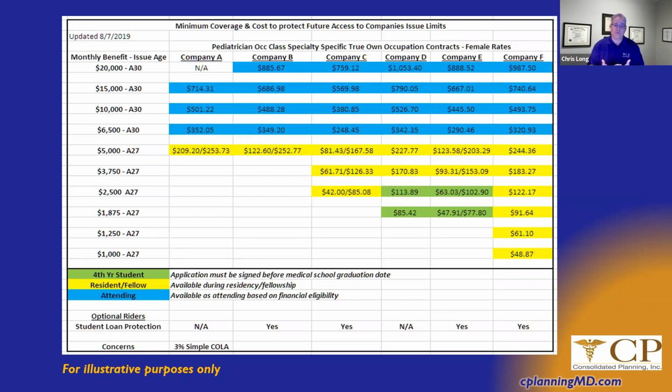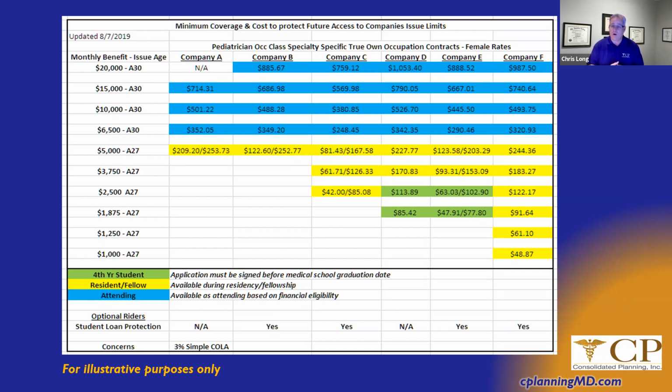Some companies are much more sensitive to things like a mental nervous history than others. So we've got to understand your medical history a little bit and point you in a direction as to which company is going to be the best.